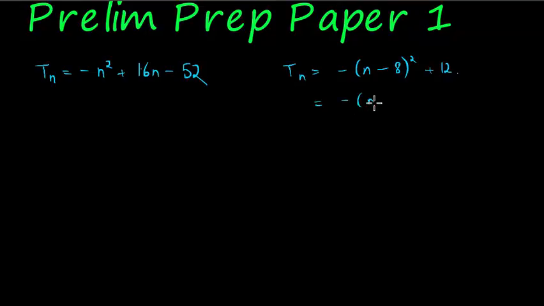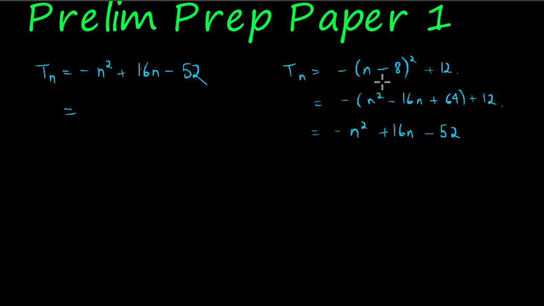So negative n squared minus 16n plus 64 plus 12 gives you negative n squared plus 16n minus 64 plus 12 is minus 52. You see, I could have simplified that, which is probably much easier than taking this one into that format. What is this format?